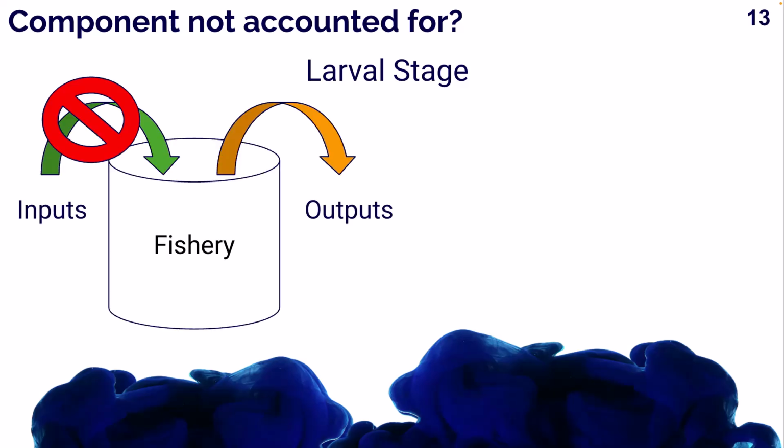When we're only using the outputs of the fishery to estimate our preseason abundance, we could be over- or even underestimating our abundance. So not having that larval stage is very critical.